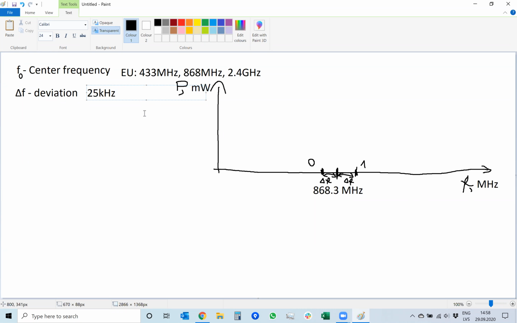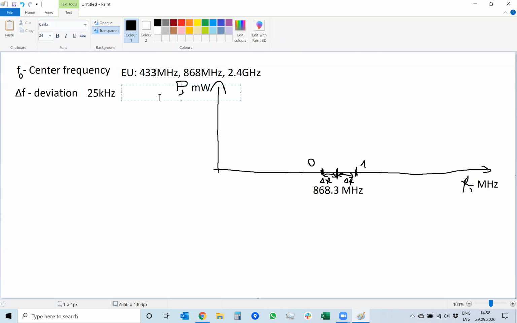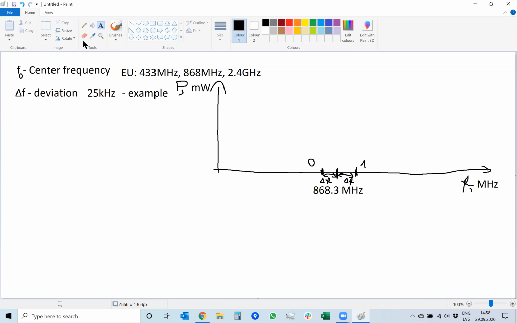This is just an example. Don't think that all wireless networks have exactly 25 kilohertz deviation. It can be, for example, 10 kilohertz, 25, 50 kilohertz, 100, and so on.